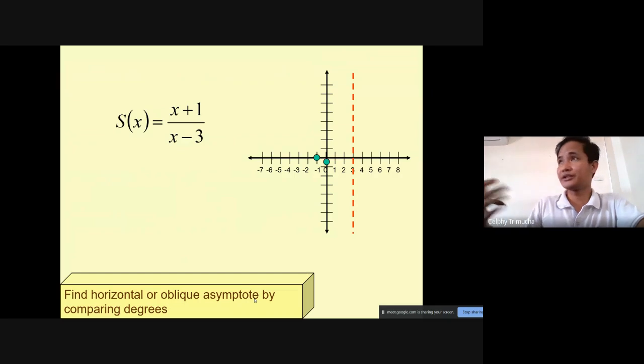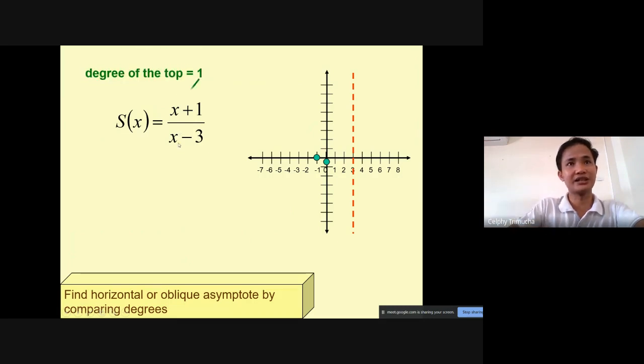Next, we look for the asymptotes. We already have the vertical asymptote and the x and y axes, so what we lack is the horizontal or oblique asymptote. So we have to compare the degrees. The degree of our numerator is 1, and the degree of our denominator is also 1.